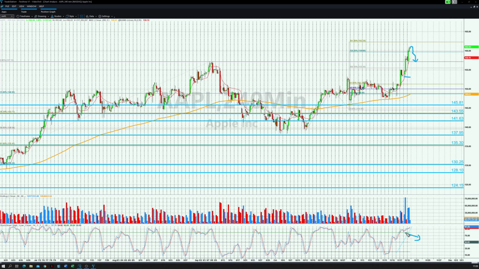So this will create something like this. And this is a long continuation. From that point, probably all the people who took a short will close the position, and closing a short is done by giving a buy order, and from there it will push higher. So this is for Apple.